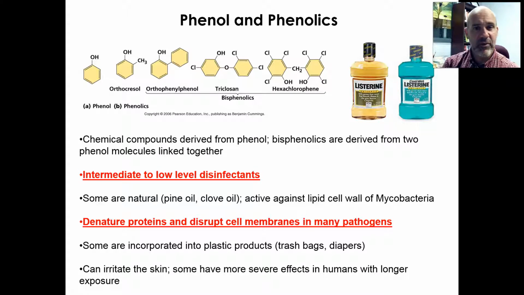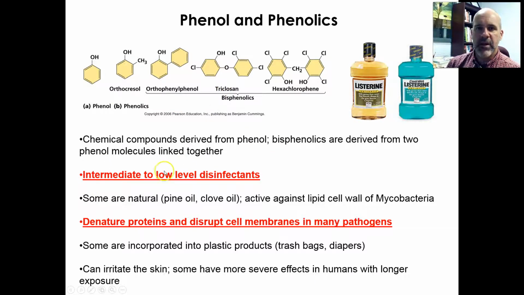Think about it. All this stuff gets washed down the sink. It's in the water supply. So out in open waterways, you're just selecting for microorganisms that are resistant to triclosan, and pretty soon all these nifty antibacterial soaps and dishwashing liquids and diapers and so forth are not working too well anymore. So that's a concern.